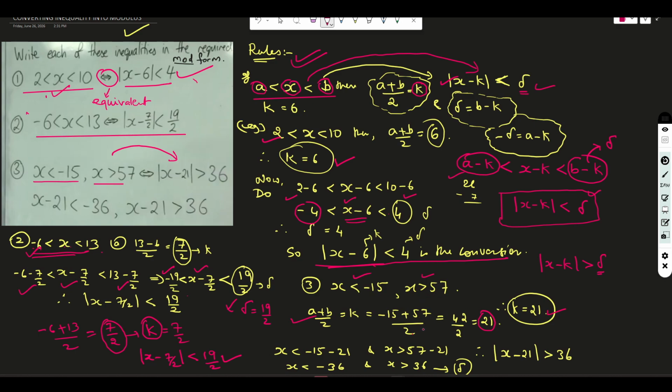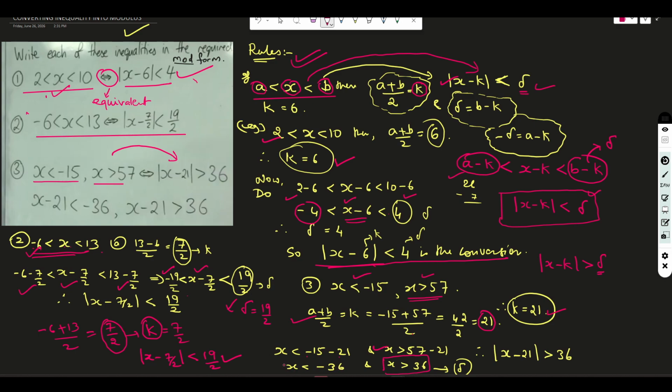In this case, x greater than 57, you can write x greater than 57 minus 21. You have to subtract this k value from this 57. So that will end up with x greater than 36. So this is one answer you got. And same way, this k value you have to subtract from this minus 15 also. So x less than minus 15 minus 21 will give you x less than minus 36.